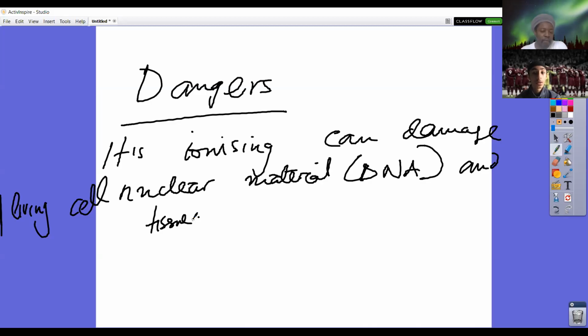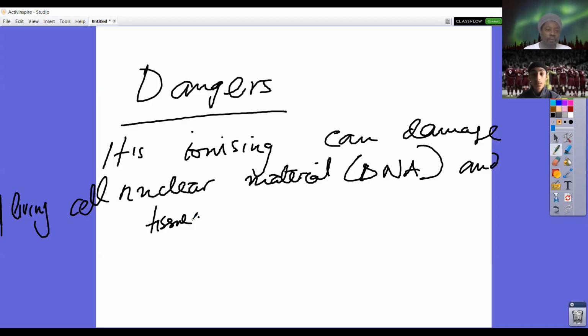If you ingest or drink it accidentally, it's going to create some severe damage to the immediate tissue, but it's not going to penetrate so far into the deep tissue.